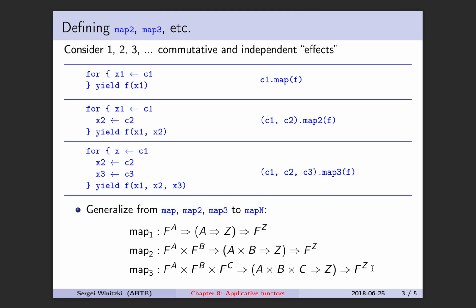Now, applicative functors have all of these functions mapN. In fact, we will see in a later tutorial that once you have map1 and map2, it is sufficient in order to be able to define all the others.